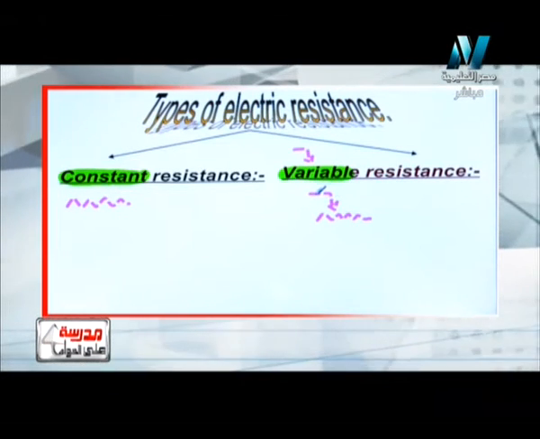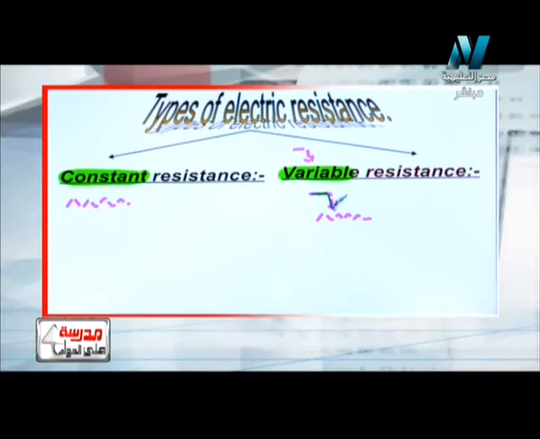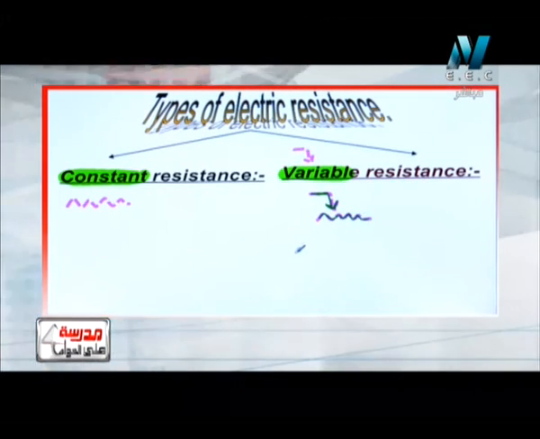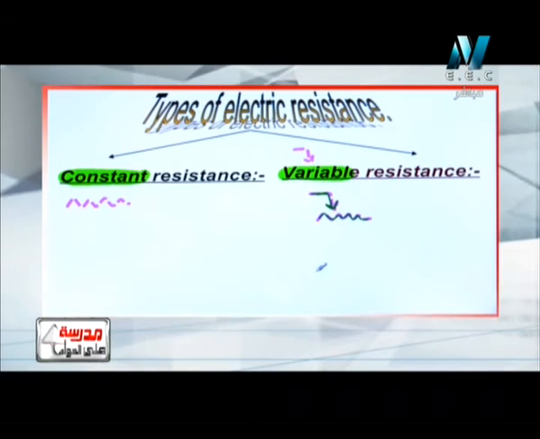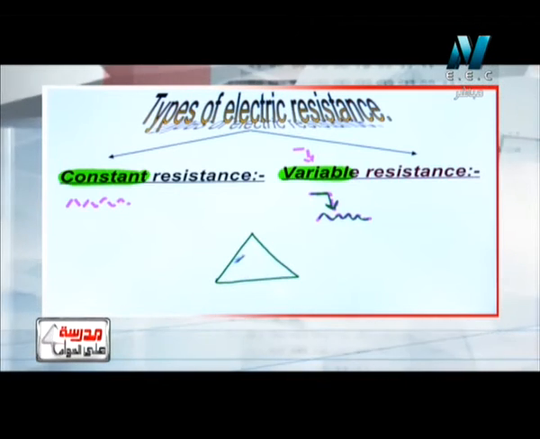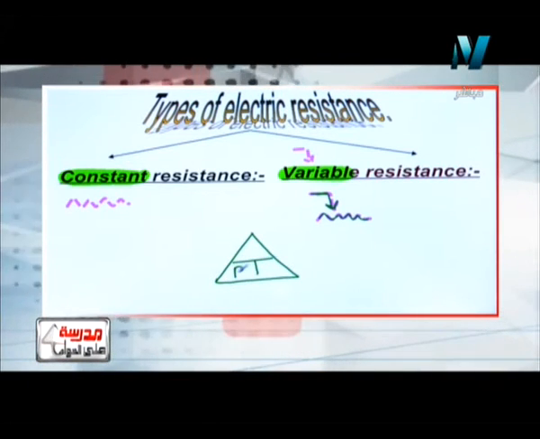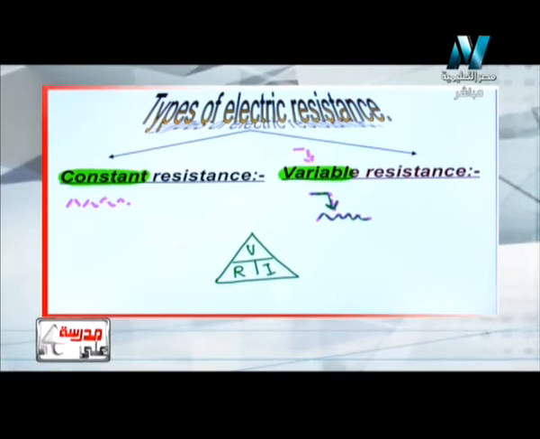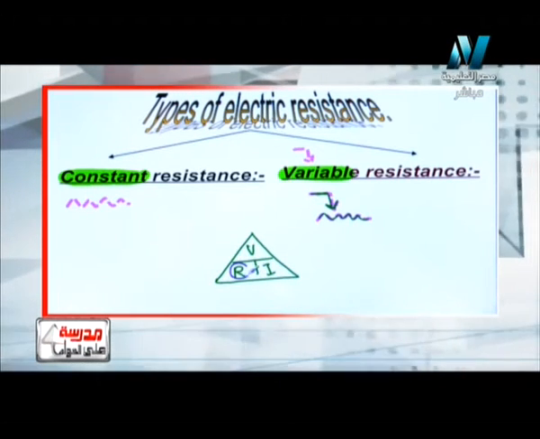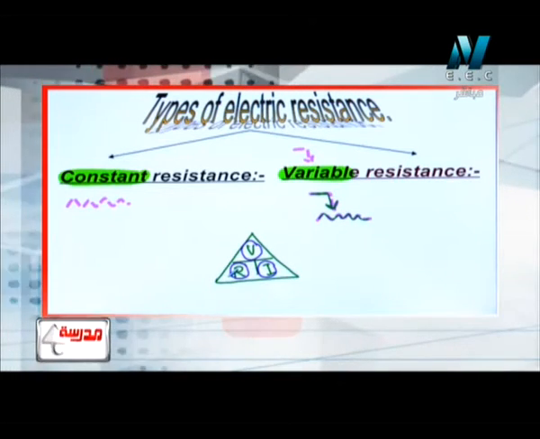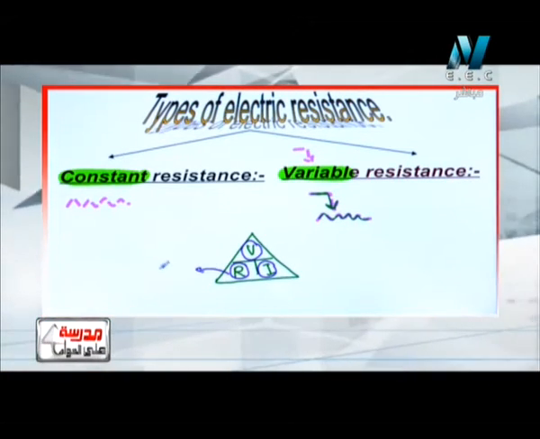The variable resistance is called what? It is called a rheostat. From that triangle we can know R equals V over I. So now we know R, V, I. R is the electric resistance and its measuring unit is ohm.